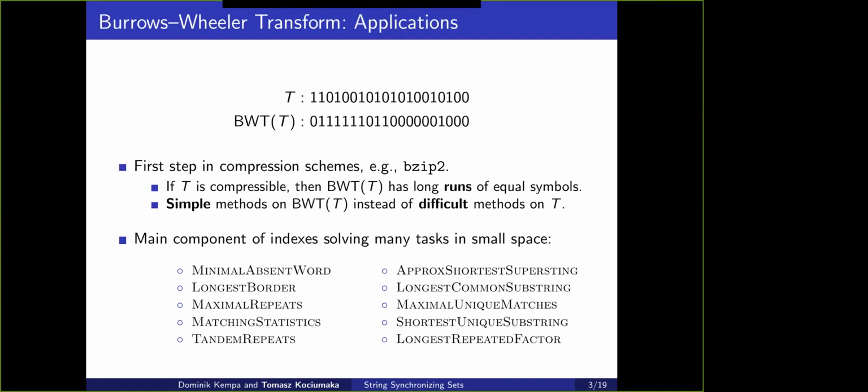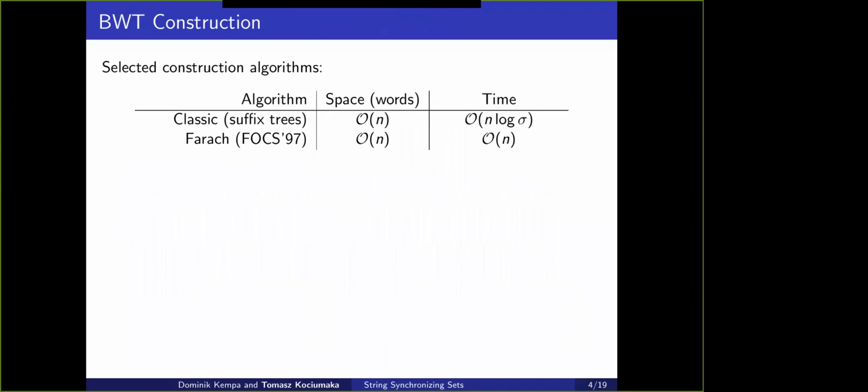BWT is also a central component of many data structures, primarily the FM index. These data structures can be used to solve various tasks in a very small, space-efficient way. And here is a list of those tasks. This means that constructing BWT is a crucial step of constructing those data structures.